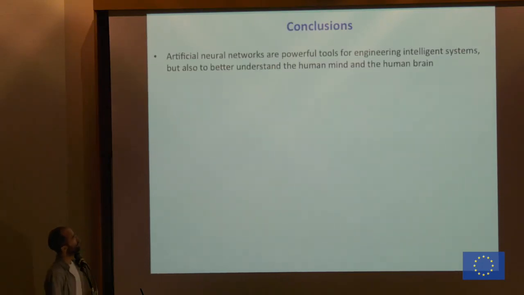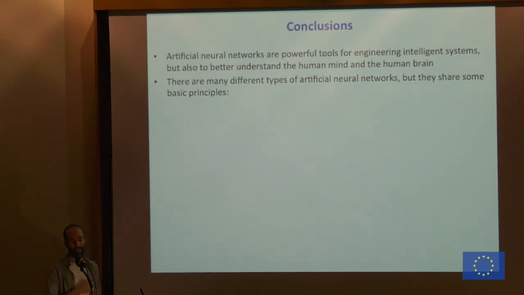So in conclusion, I hope I convinced you that artificial neural networks are powerful tools, both for engineering intelligent systems, but also to better understand the human mind and the human brain. There are many different types of artificial neural networks.